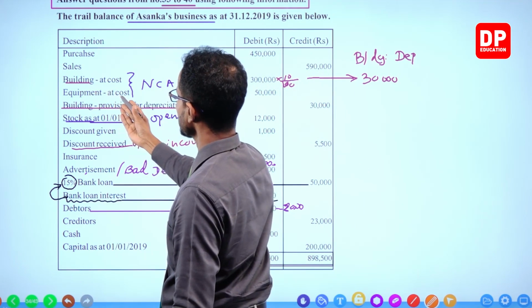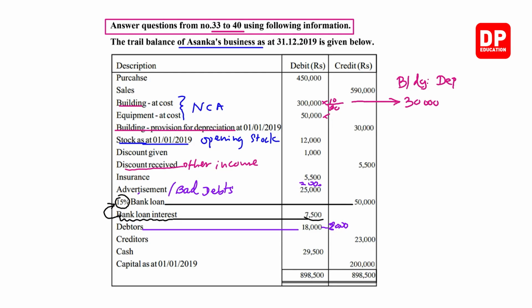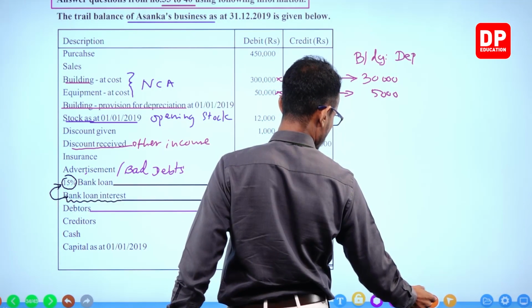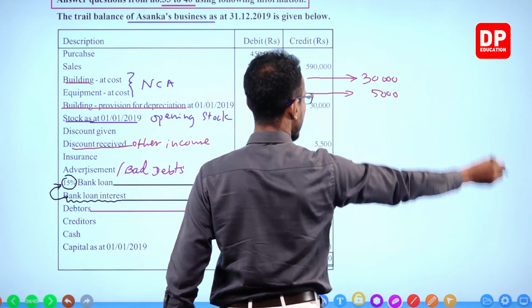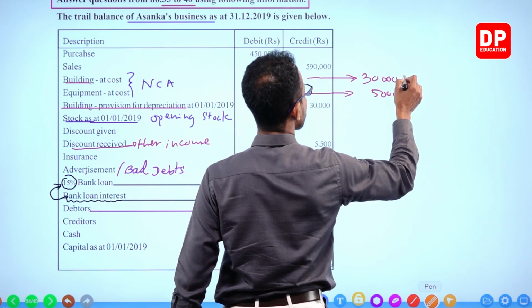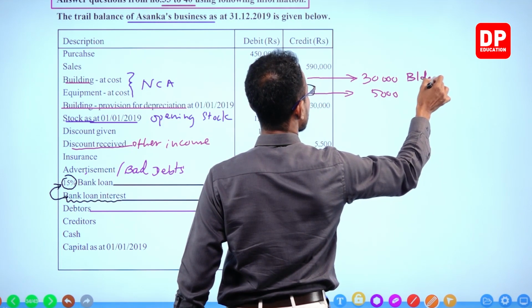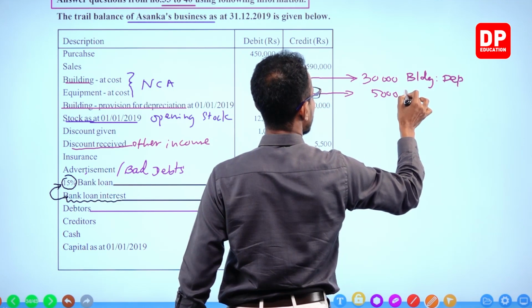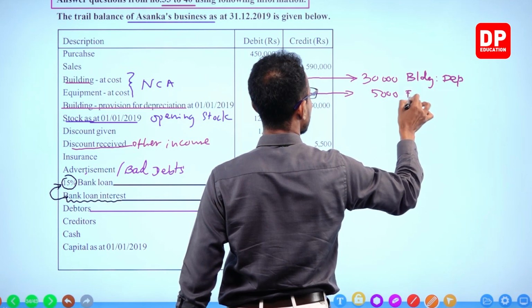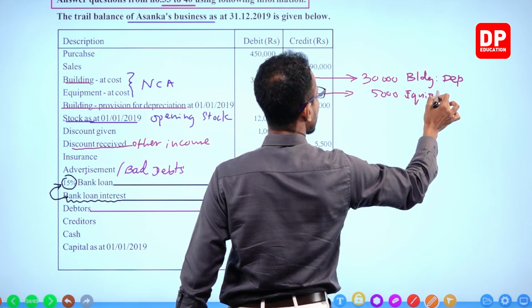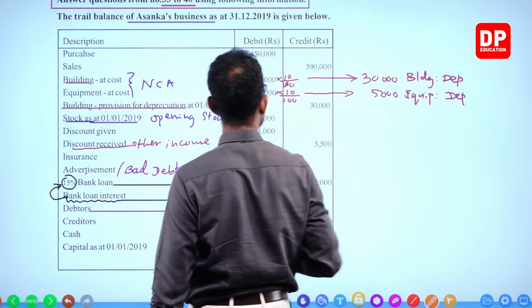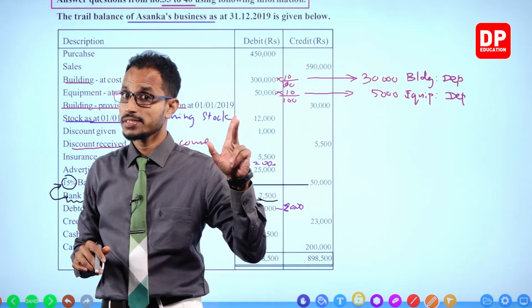Then you have equipment. Again, you have to apply 10% here, and that is 5,000. This is building depreciation. This is equipment depreciation. That's how you do it.